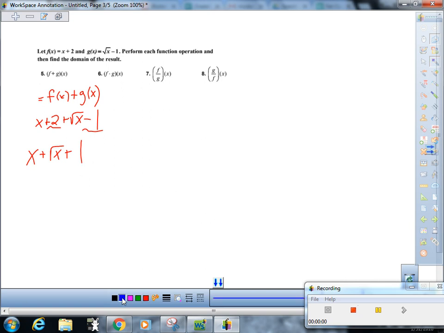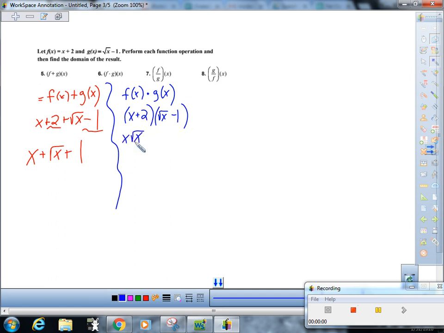I'll alternate colors here. Number 6. F times g of x is the same thing as f of x times g of x. So this one's a little harder. x plus 2 times radical x minus 1. Now we have to FOIL. x times radical x is just x radical x.